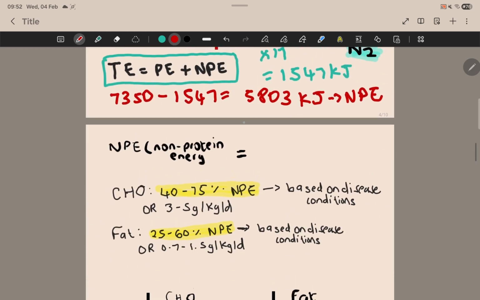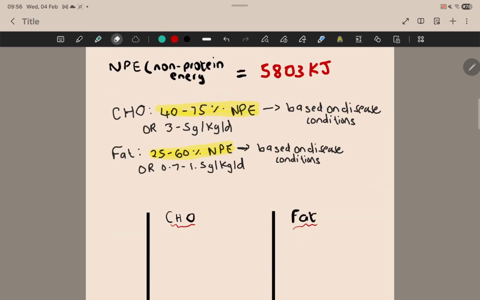We're going to write it over here so we know what we're working with. For carbs and fats, you can either use the percentage of non-protein energy for your calculations or the gram per kilogram per day based on a specific guideline.